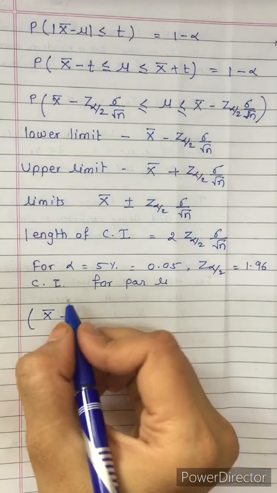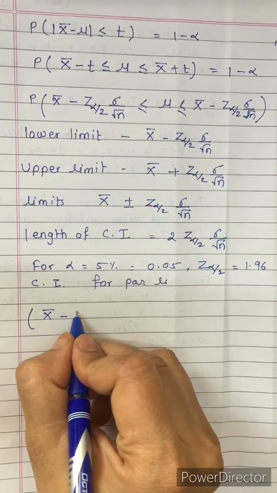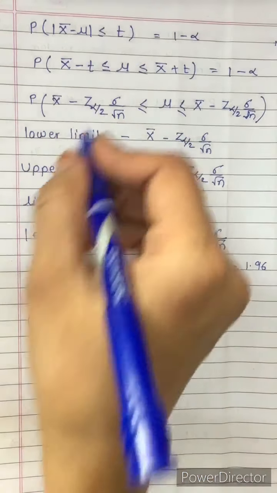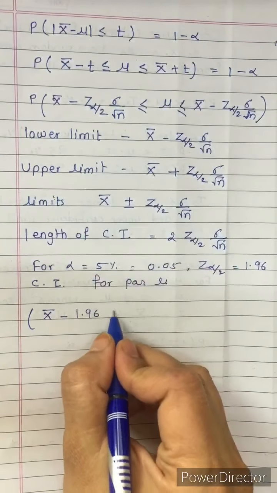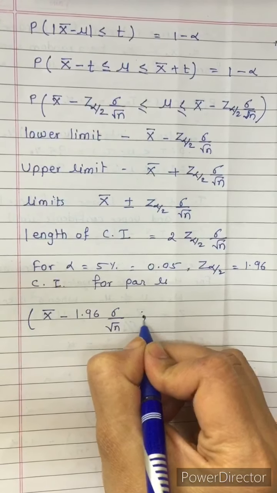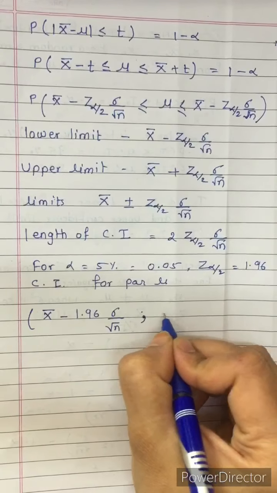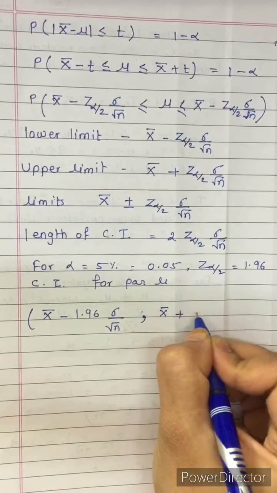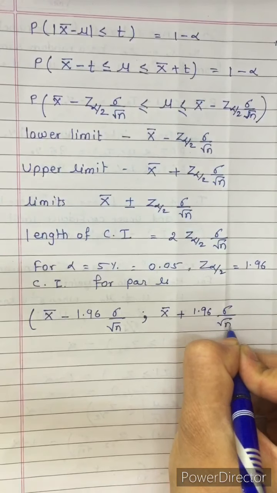So we can simply write down x bar, the value of x bar we know from the example, z alpha by 2 is 1.96, then sigma is known again from the example. The other limit is x bar plus 1.96 sigma by root n.